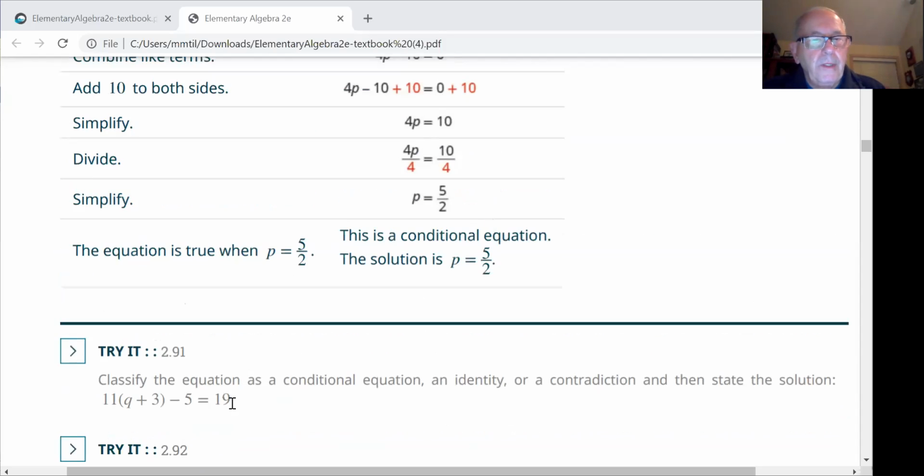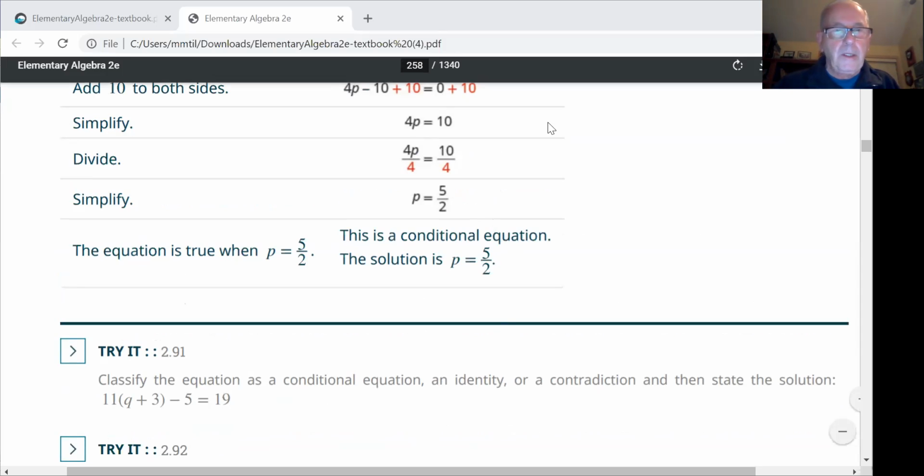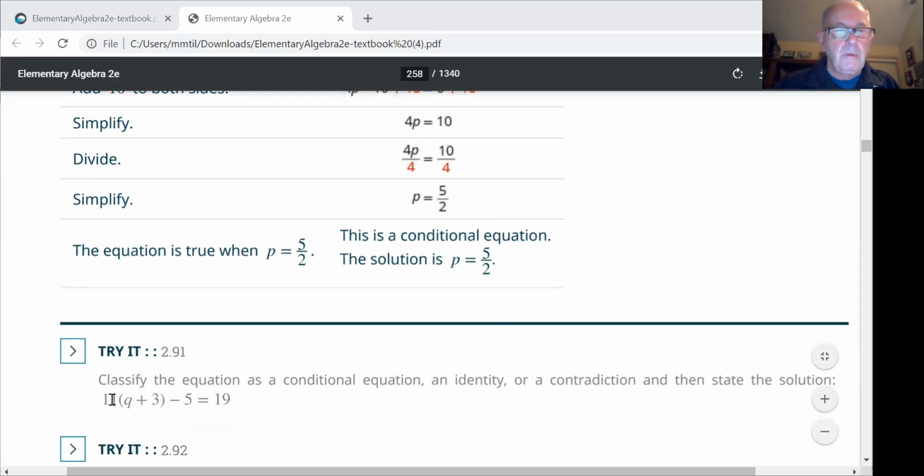Okay, so why don't we do the top one there? Do the 11 times q plus 3 minus 5 is equal to 19. Okay, so do you have that written down?